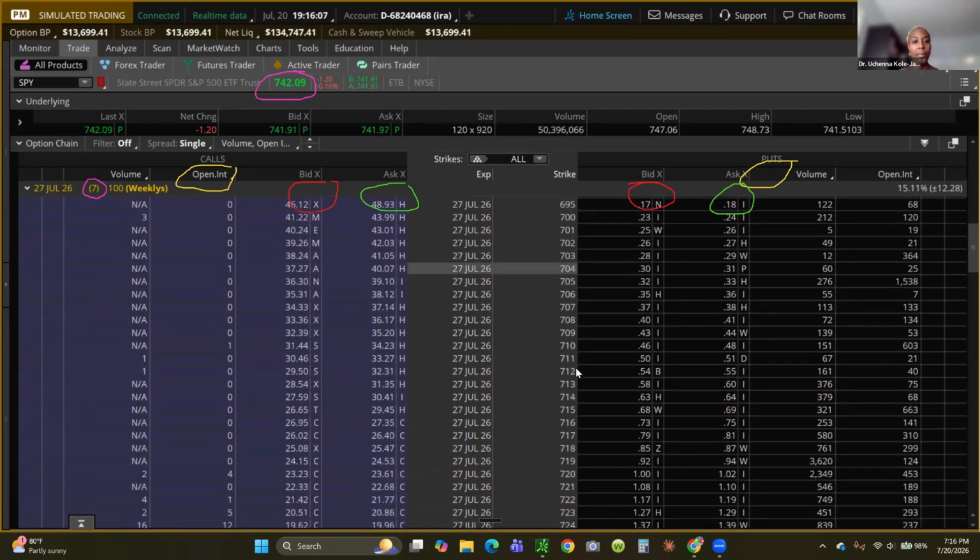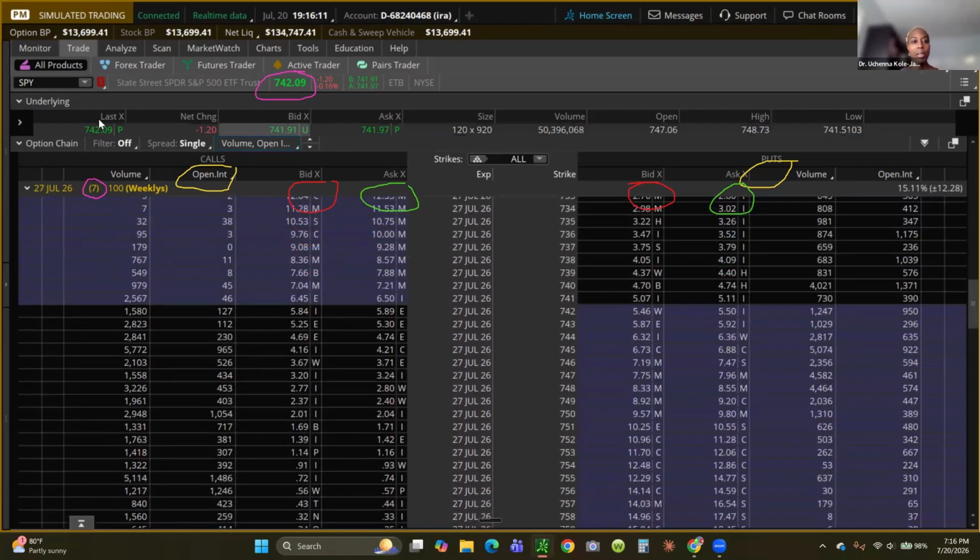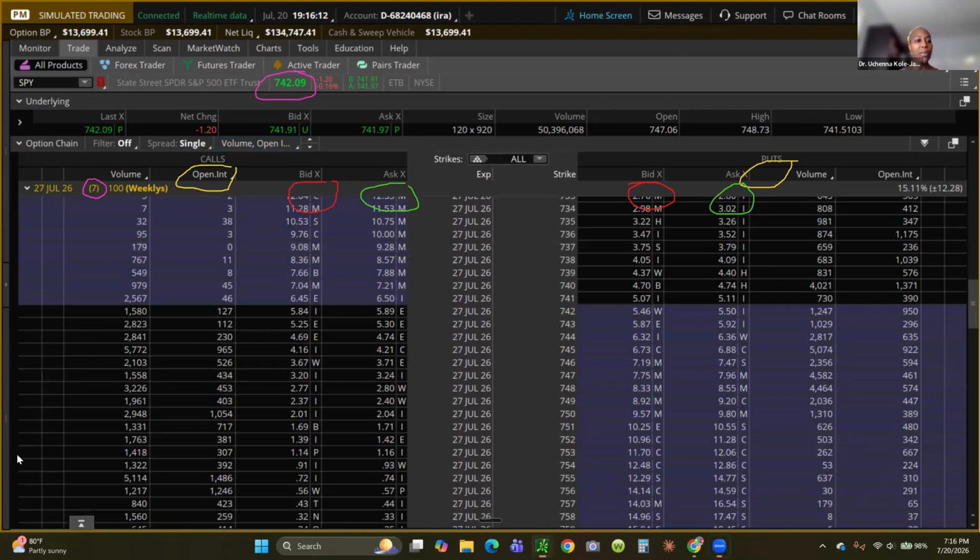So let's go. Oh, my circles that I circled kind of got unleveled. Actually, I want to be able to make it more clear for you guys. Okay. So let me just recircle that real quick. The ask, I'll put it right here.